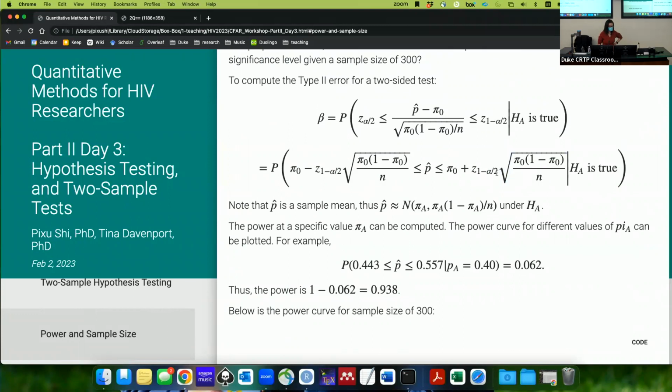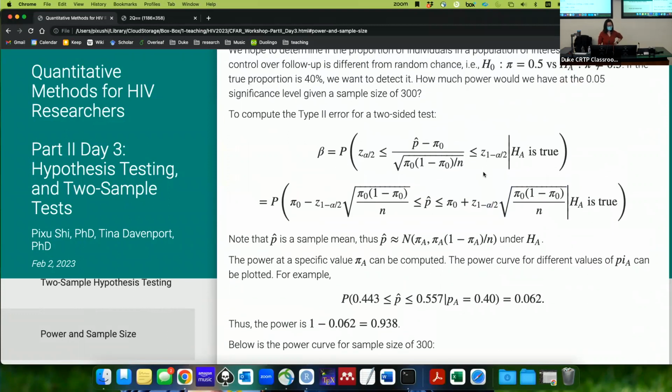You have the sample size, the type 1 error. But the difference here is that instead of the effect size and the variance, you have the proportion. Because for the binomial distribution, the mean and the variance are linked. You only have one parameter that decides both the mean and the variance. So this pi 0 here will be the parameter that really affects your power calculation.